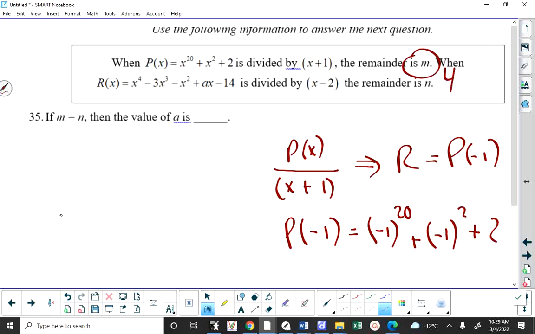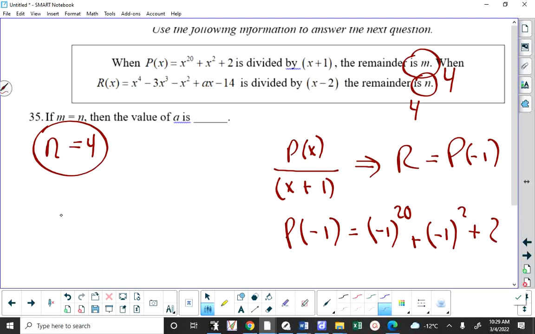Okay, so where does that take us? Well, if m equals n, then n is 4. This is actually a pretty greasy question. Now we know that when you do the second division, you get a remainder of 4. So this is not, I take it back, this is not like the first question on your assignment.